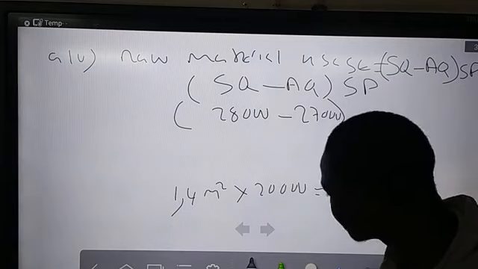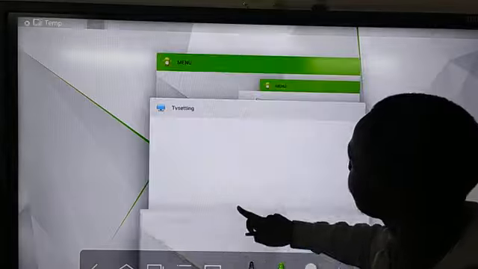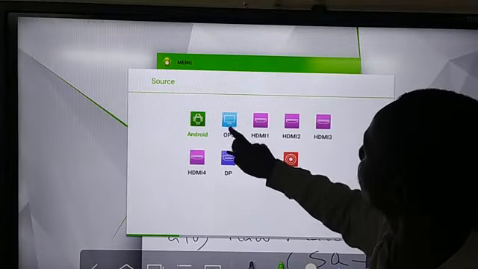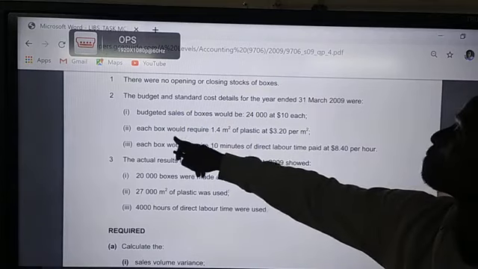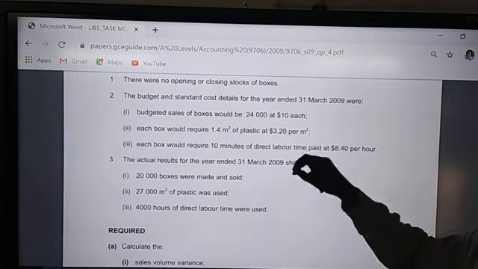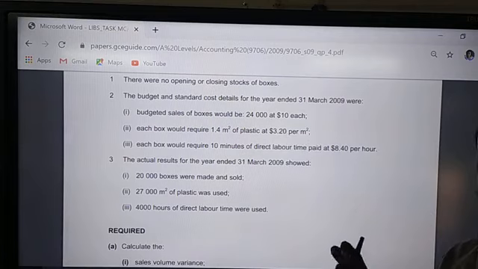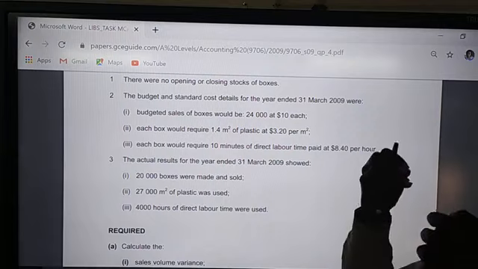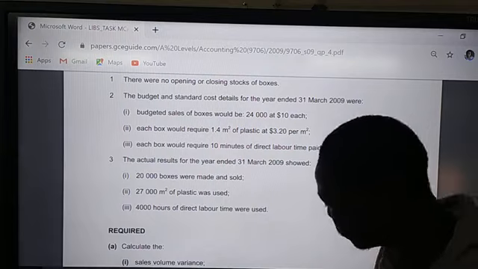Let's check our standard price from the question. Each box would require 1,4 meters squared of plastic at 320 per meter squared. That's the standard price. Remember, I said standard price is the price paid to purchase material per unit. So let's substitute it.